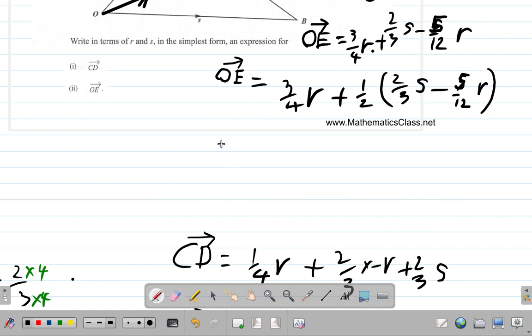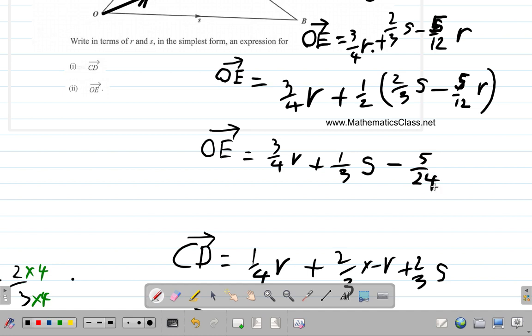So here, OE is equal to 3/4 R plus, we will open the bracket now and multiply each term in the bracket by half. This is 1/3 S minus 5/24 R. You have to remember your fractions, multiplication of fractions.